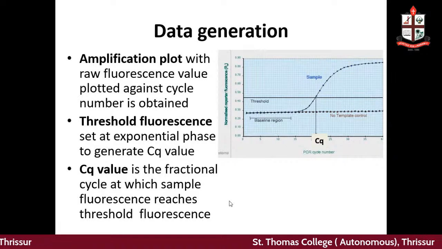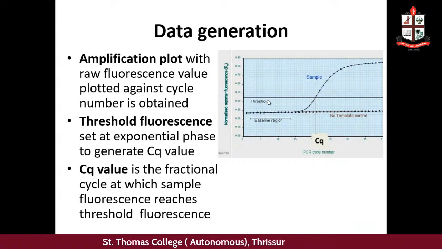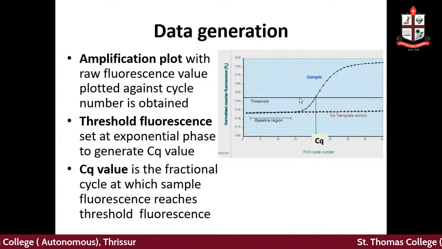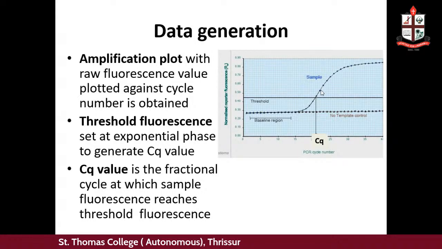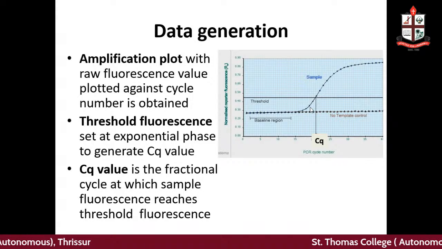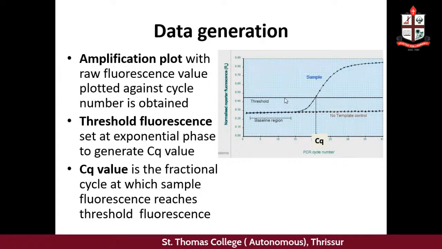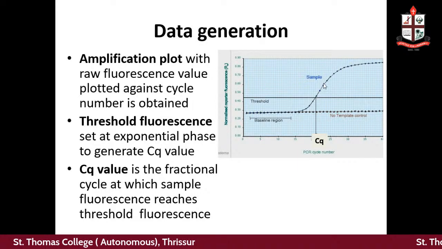We have the fluorescence data collected throughout the cycle, and then we'll fix a threshold fluorescence. This threshold fluorescence can be any arbitrary value, but it should pass through the exponential phase of all the PCR reactions that we are comparing. Here there is only one PCR reaction shown, and this threshold fluorescence should be set such that it will pass through the exponential phase of the PCR.